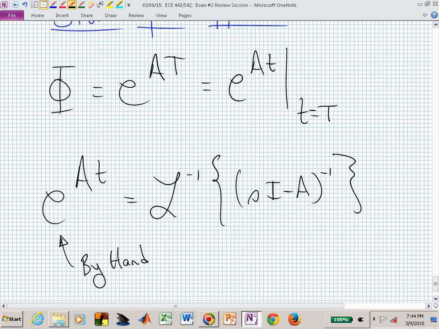They could be both real, where they might be real and unequal. They could be real and equal, or they could be complex roots if it's a quadratic denominator. And we've just talked about how you could, well, that was in the discrete time, but I want you to be able to inverse Laplace transform those.